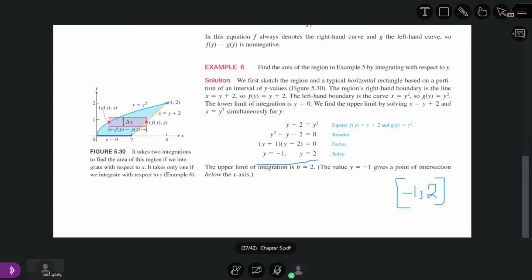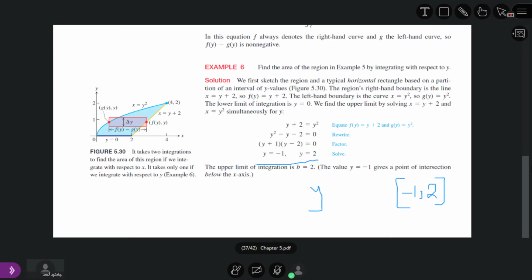But we have to find the area in the first quadrant. In the first quadrant, y and x both will be positive, or the minimum value will be 0. As we are taking with respect to y, the minimum value of y will be 0.